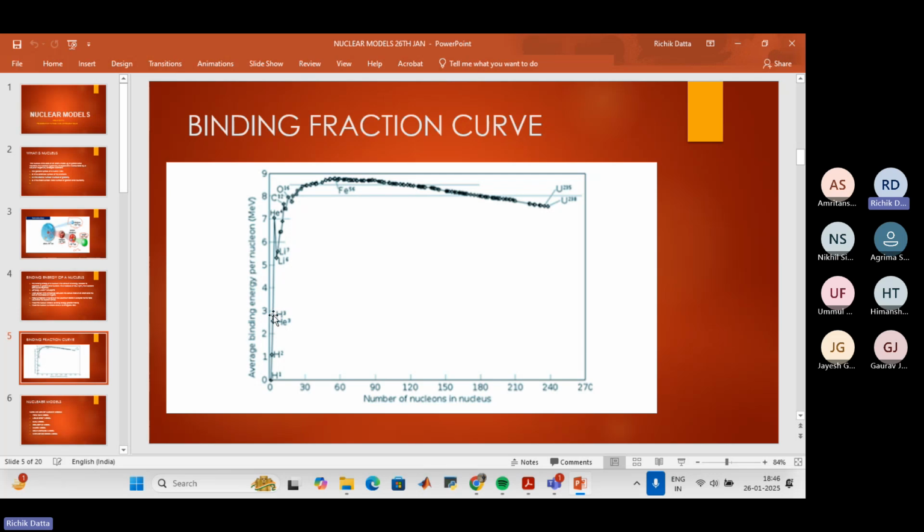So for the lighter nuclei the binding energy ranges between 8 and 8.5 mega electron volt. Then for the heavier atoms beyond calcium, for the iron isotope, the binding energy will be maximum, near about 8.7 mega electron volt per nucleon.